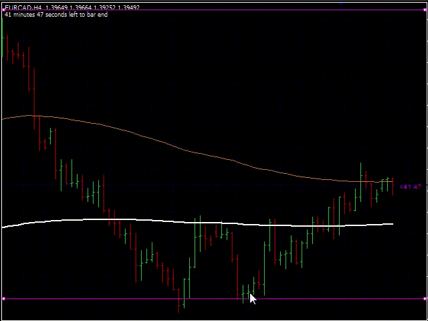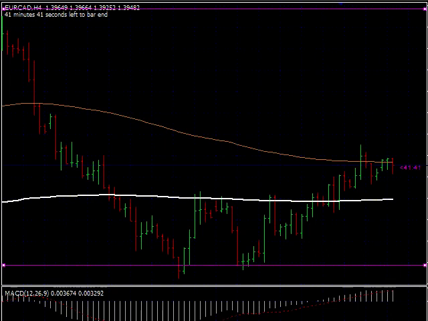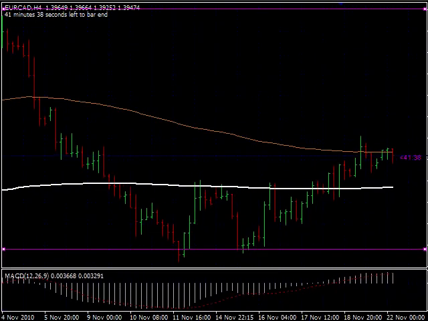In this double bottom, we can see divergence. Let me shift this up a little. What happens over here? Can we see here? This is the double bottom. Here is the MACD. We can draw a divergence over here.